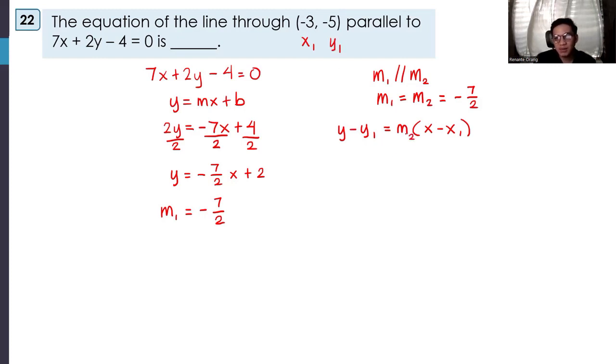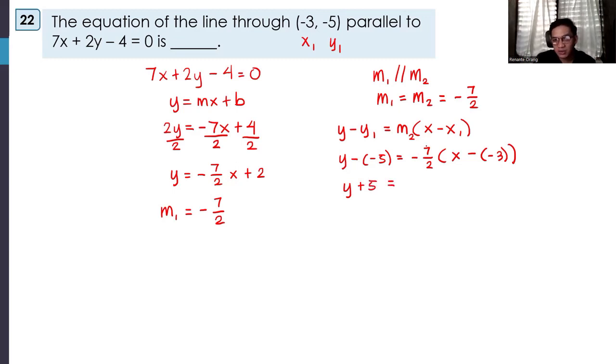Substitute everything. Ito yung m2 natin. Y minus negative 5 is equivalent to negative 7 over 2 multiplied by x minus negative 3. So, simplify natin. Y, negative times negative is positive 5.